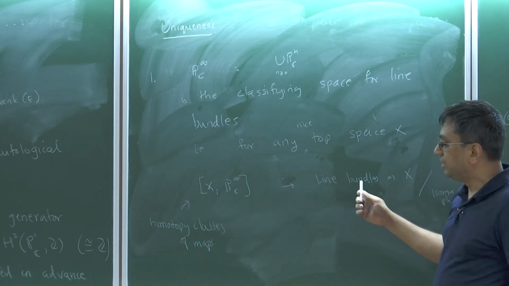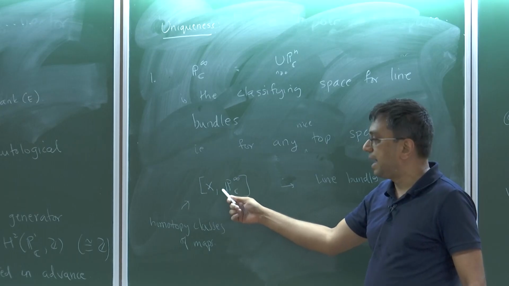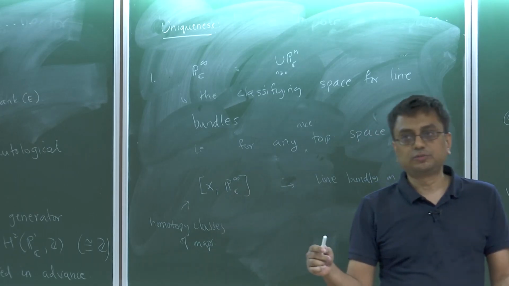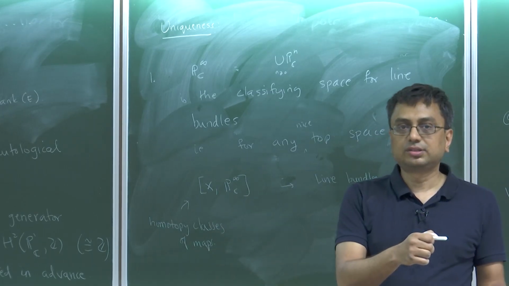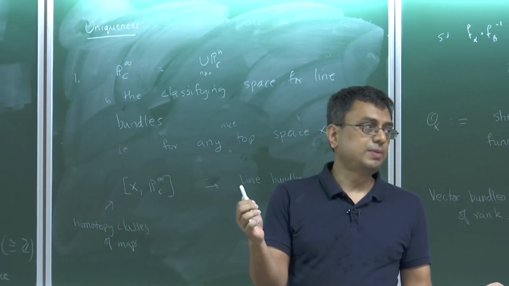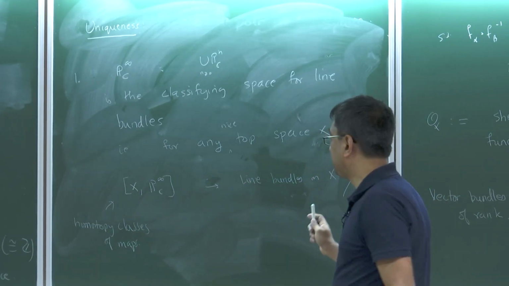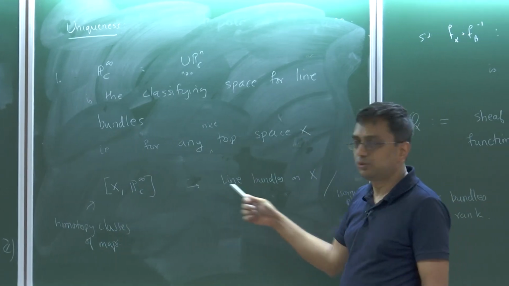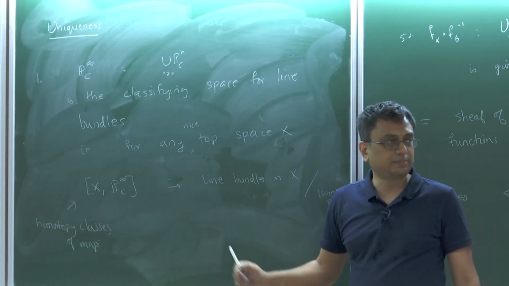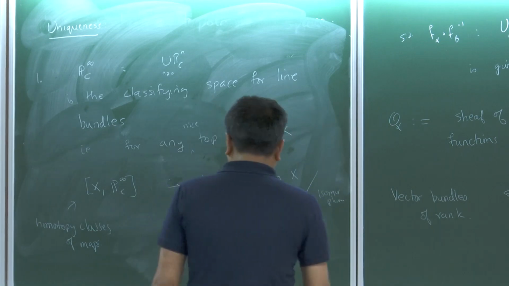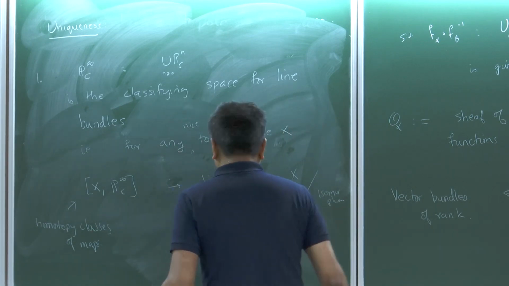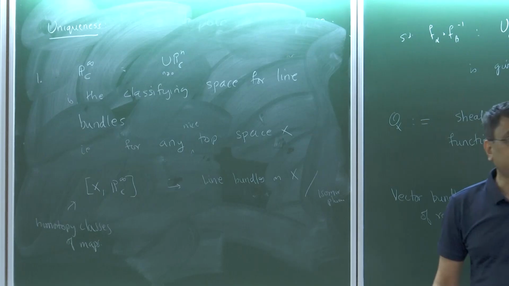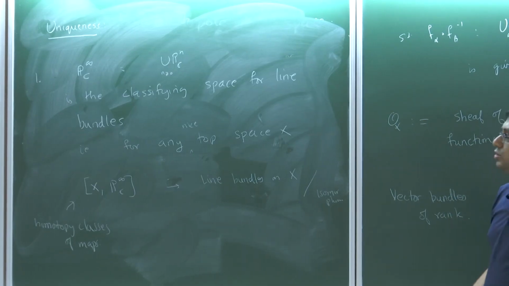So one direction is easy to see. If I give a map from X to the infinite projective space, how do I get a line bundle on X? Pull back O(-1), right? So that is clear. You'll have to do some more work to show that this is actually a bijection. So this is ingredient number 1 in showing uniqueness.